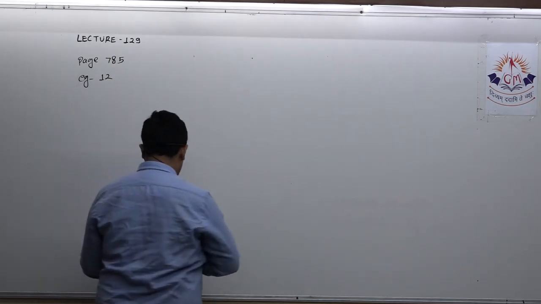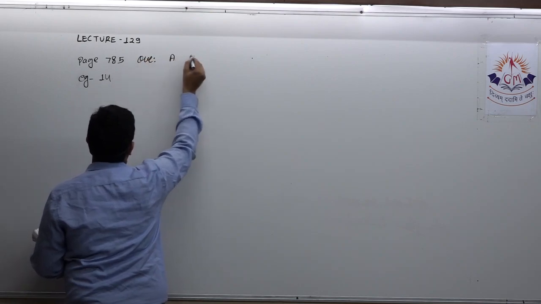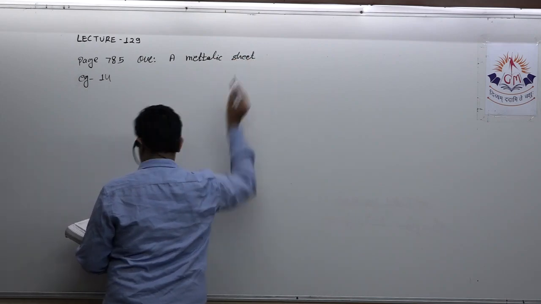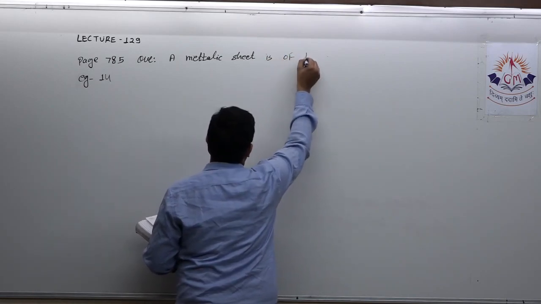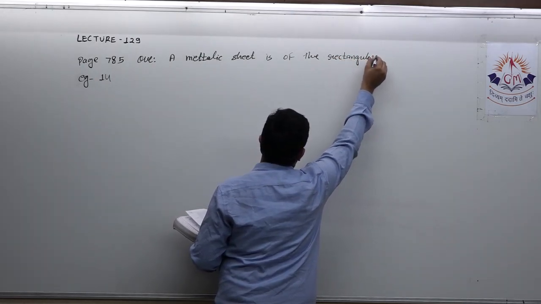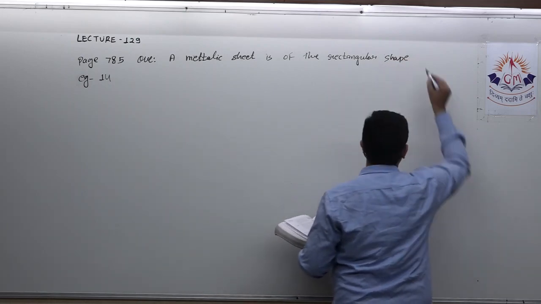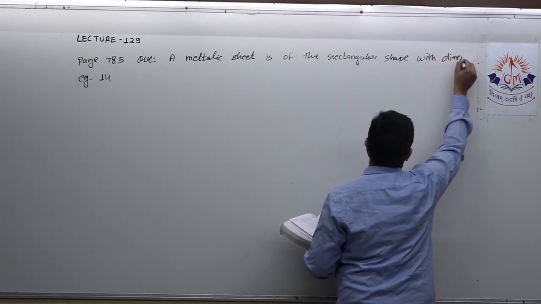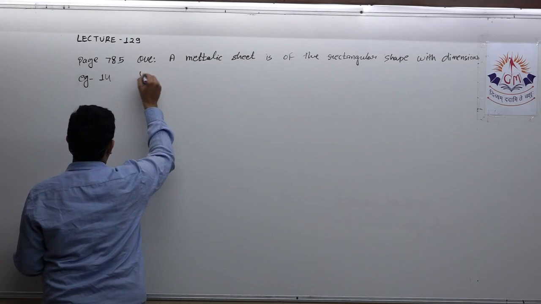A metallic sheet is of the rectangular shape with dimensions 48 centimeter by 36 centimeter.